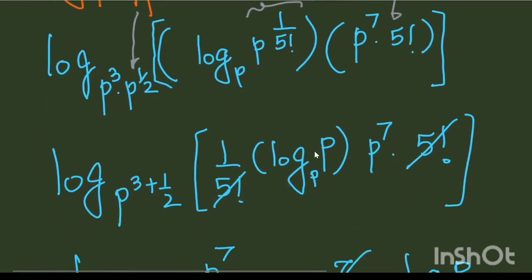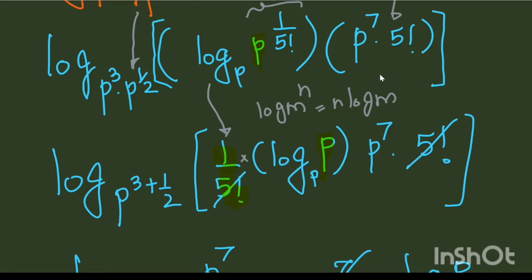Solving it further, using log m to the power n is n log m, this 1 by 5 factorial will come down in multiplication from the power of p. Now only p is left, and 1 by 5 factorial came in multiplication.